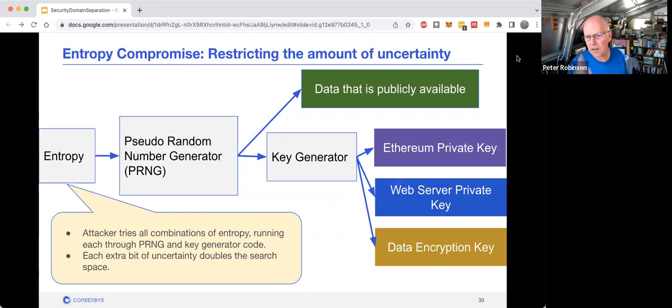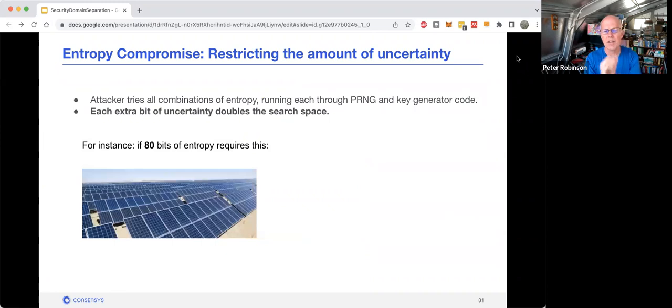Yeah, so one thing to think about, though, is that in this value chain here, if you can add one extra bit of uncertainty into the system, then you're doubling the search space of the attacker. So to think about this, say an attacker is running the entropy through the system. I used to have nuclear power stations or something like that, but I thought we should be a bit green these days.